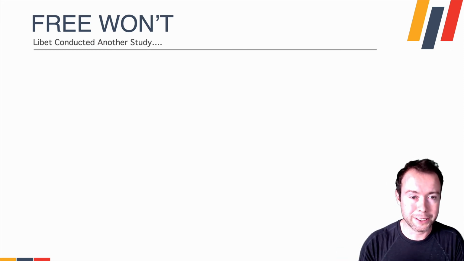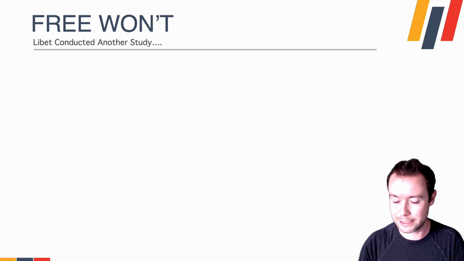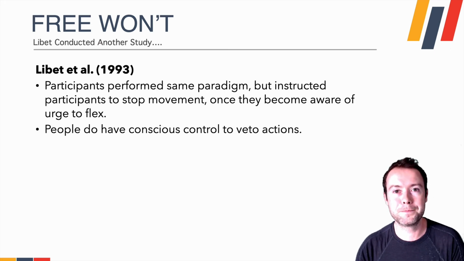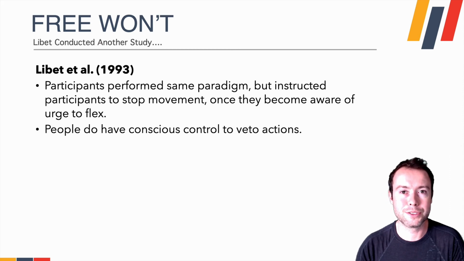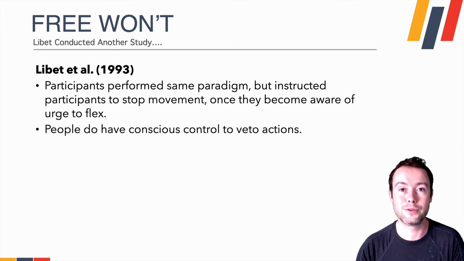But as said in the video, Libet himself never went that far. He didn't really argue against the idea of free will. Indeed, in another study that he ran using the same basic paradigm, he instructed participants that once you feel the urge, once you get a sense that you're about to flex and move your finger, you should inhibit any behavioral response.